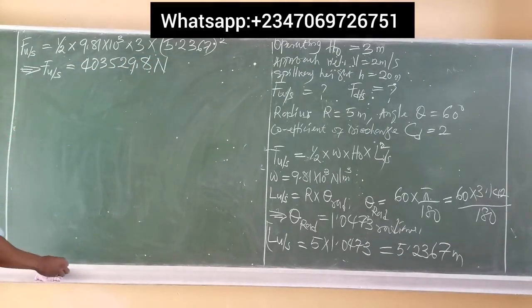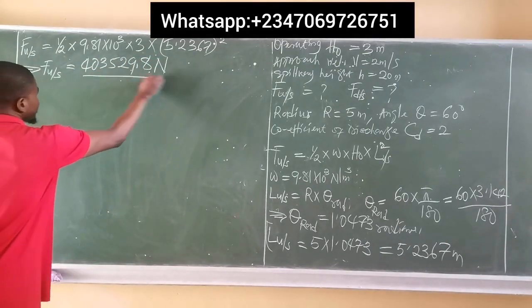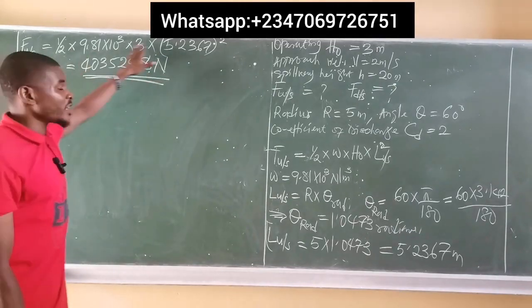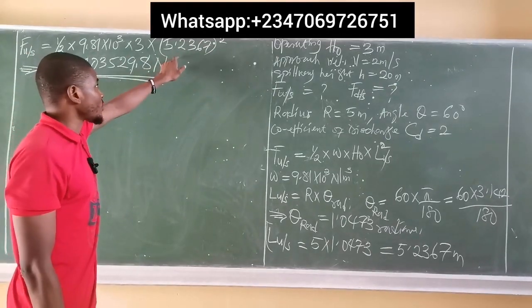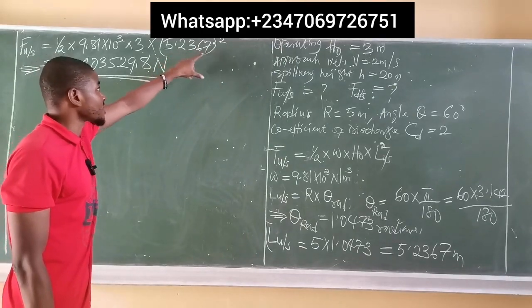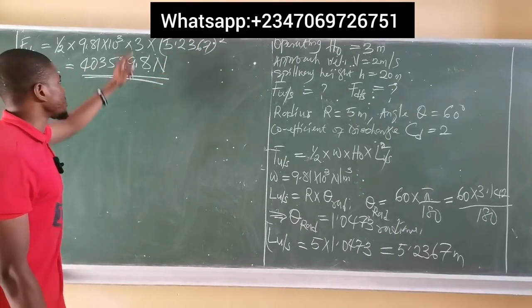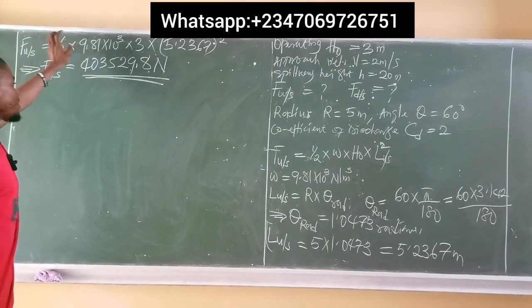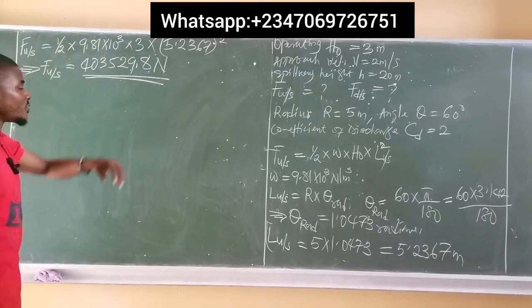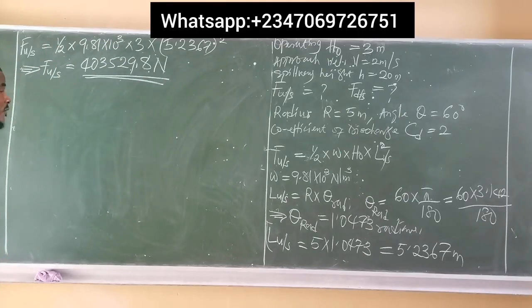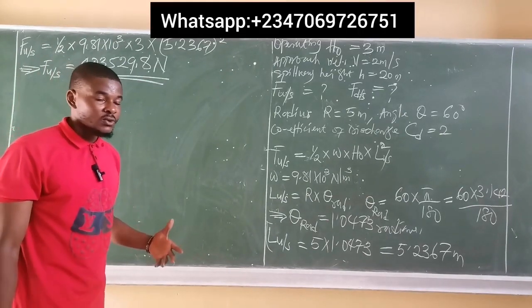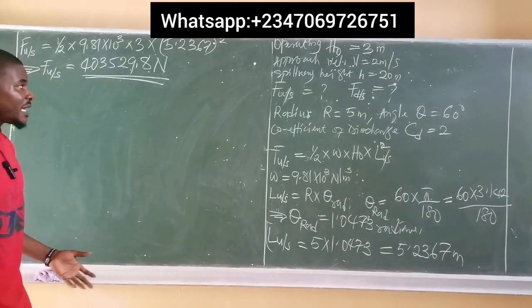Which means the pressure force due to the upstream end is equal to this value. Mind you, I multiplied everything together at once, not forgetting 5.2367 has to be squared. It's as simple as this to calculate the pressure force due to the upstream end.